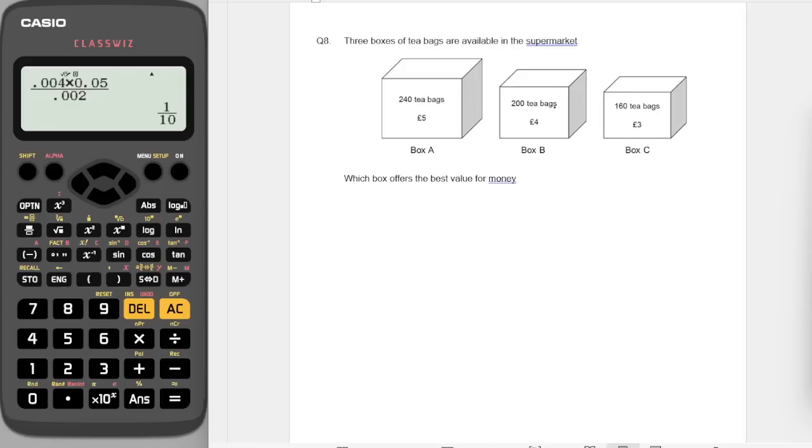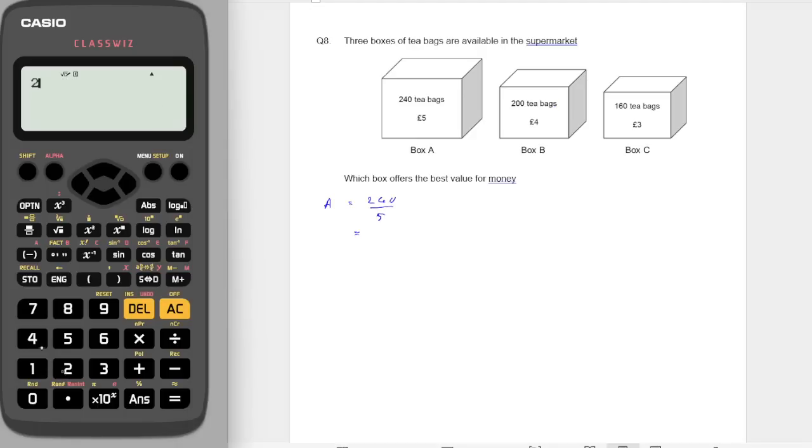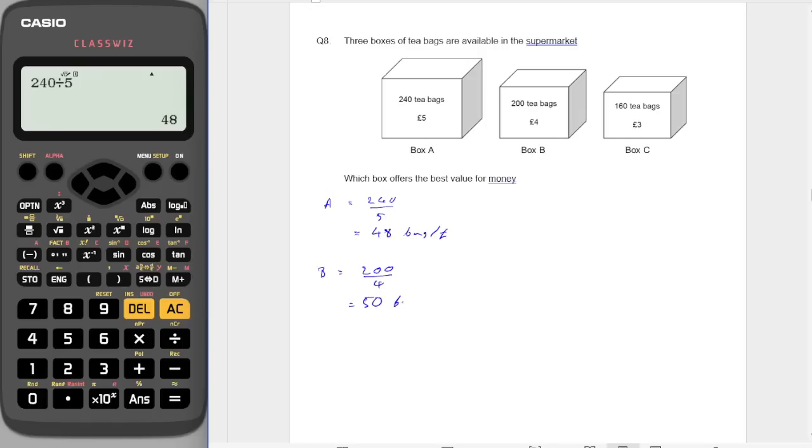So for box A, I would have 240 divided by 5, which gives me 48 bags per pound. For box B, similar process: 200 divided by 4 gives me 50 bags per pound.